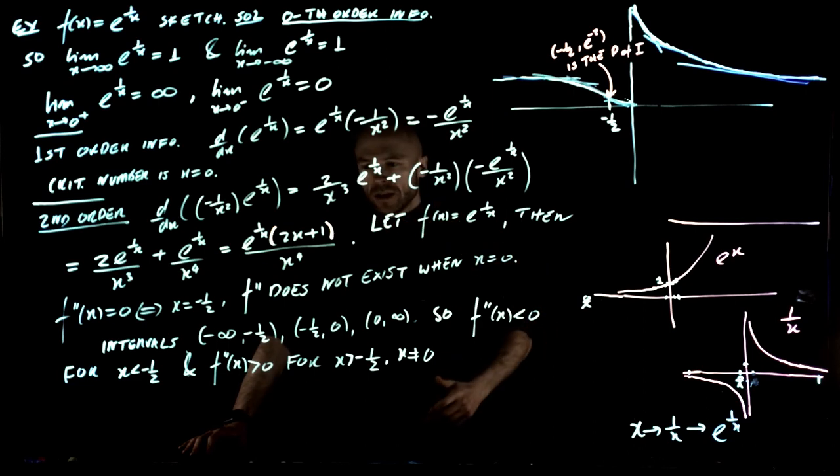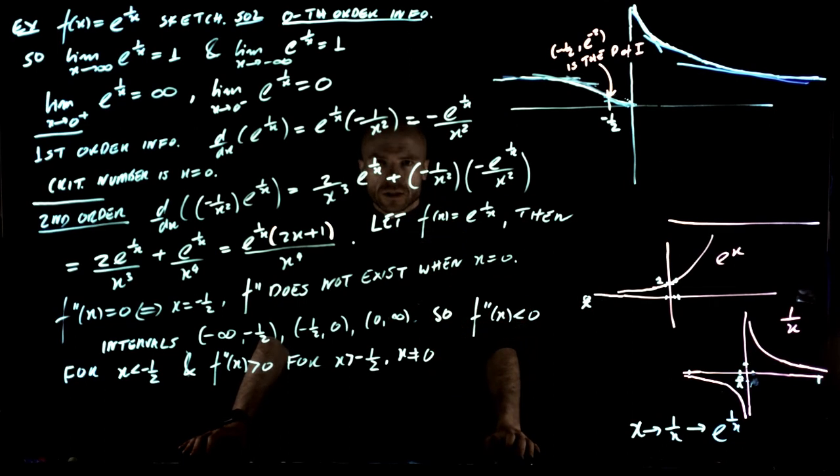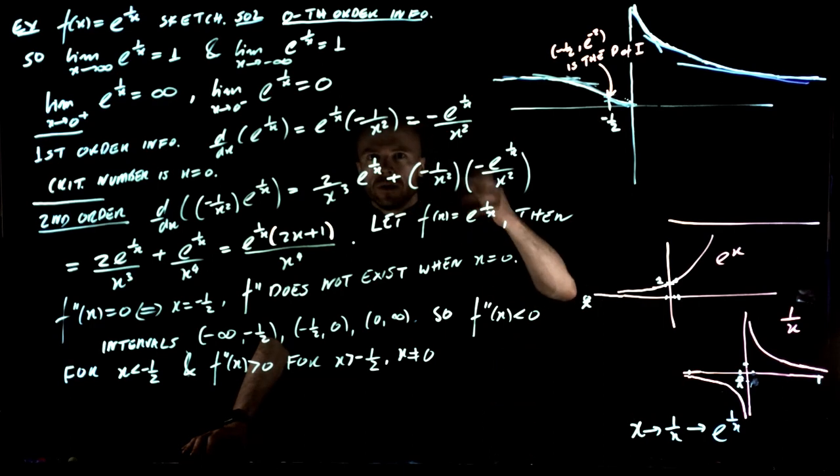The additional subtlety here is that we're dealing with functions which have critical numbers not only when the derivative is 0, but also where the derivative doesn't exist. And that creates a different type of graph than we were dealing with before. But we can handle this additional wrinkle of complication.